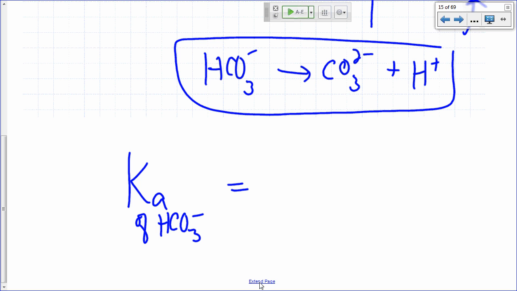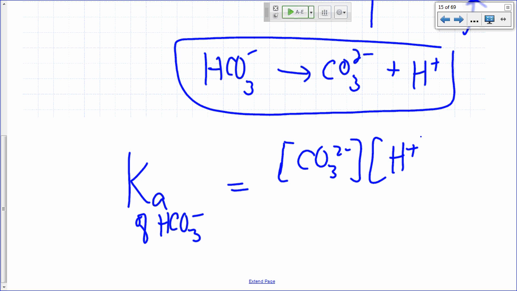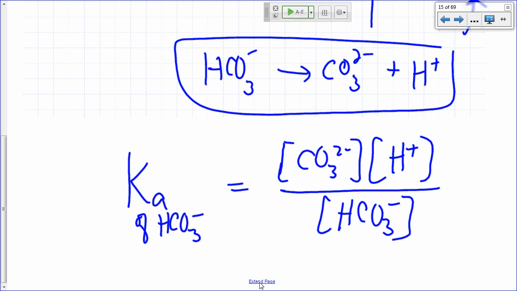The Ka of bicarbonate ion would be concentration of carbonate times concentration of H plus, products over reactants, right? Over concentration of HCO3-. That's it. Provided those values are at equilibrium. Otherwise, it's called your reaction quotient, right?